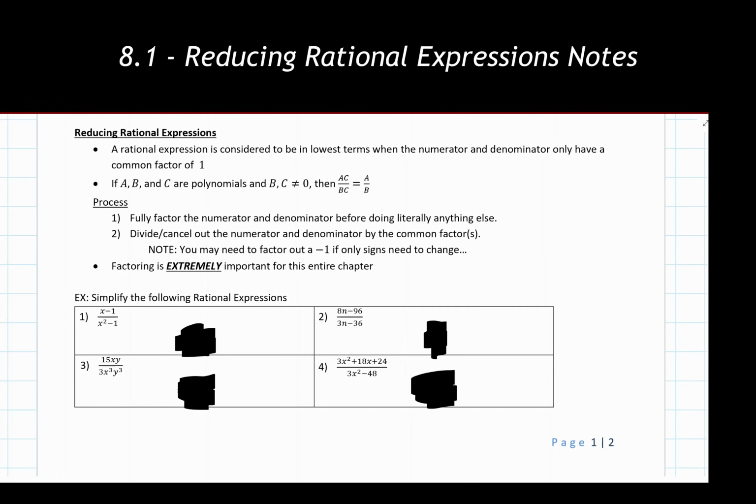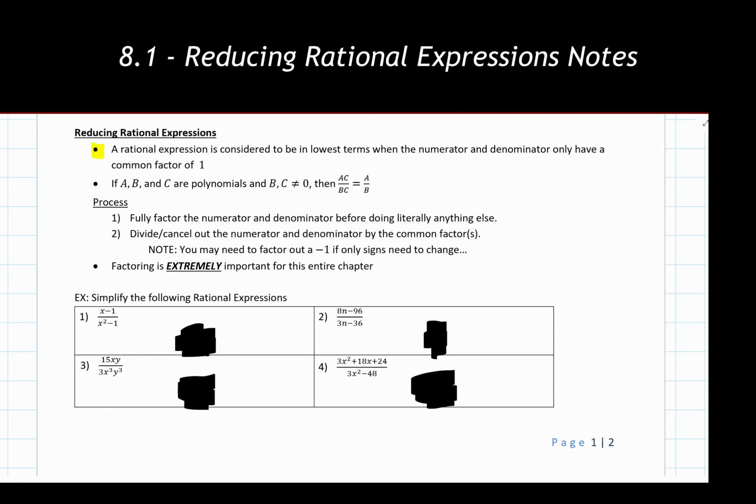The last part we're going to cover with this section is reducing rational expressions down. This is probably the most important part of this section that we are going to cover, primarily because this is something that we're going to be using throughout all of Chapter 8 moving forward. So the main thing that we are looking for, going back to our core definitions with fractions, is to make sure that everything is fully reduced.